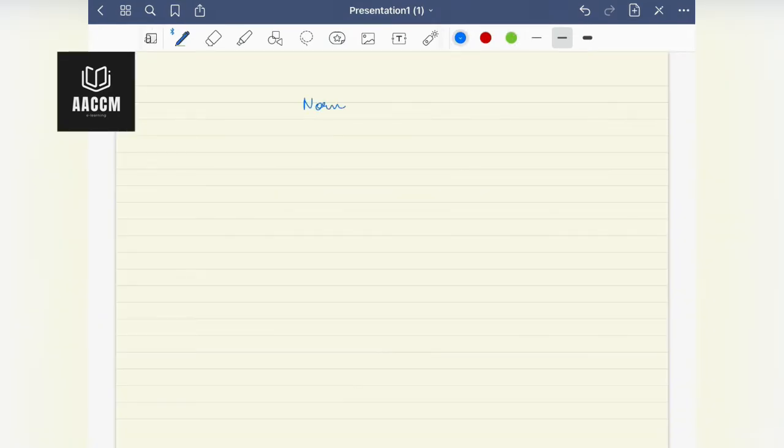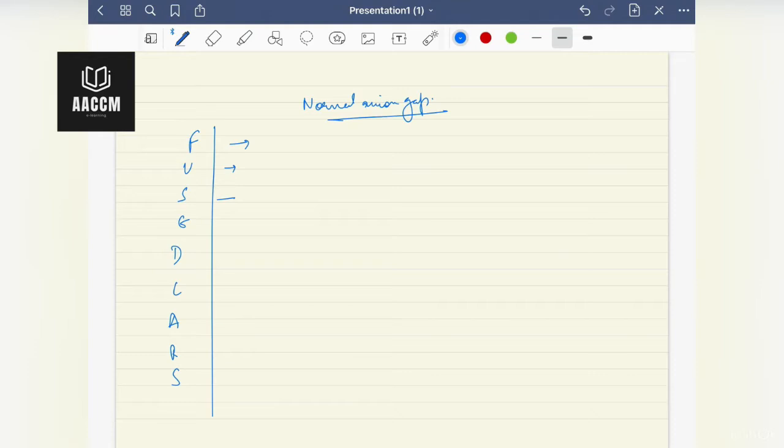Now, coming to the second point, that is normal anion gap metabolic acidosis. Again, there is a mnemonic to remember the different causes of normal anion gap metabolic acidosis, which is FUSED CARS, which stands for fistulas, ureteroenterostomies, saline administration, endocrine abnormalities like hyperparathyroidism, diarrhea, carbonic anhydrase inhibitors, ammonium chloride, renal tubular acidosis, and drugs like spironolactone.